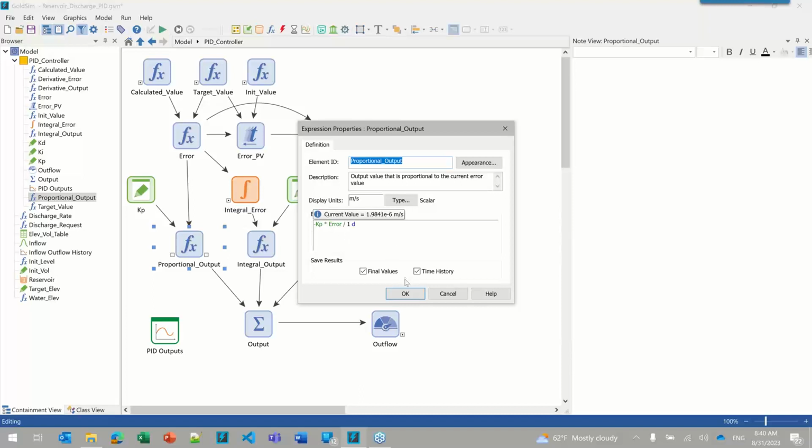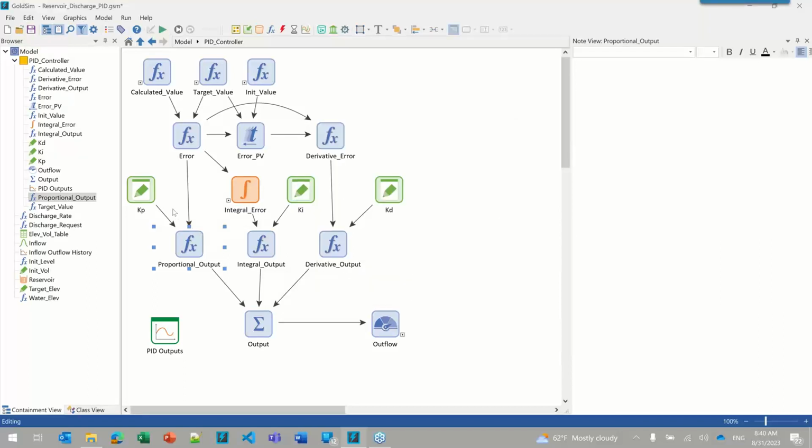And all of these terms, by the way, are multiplied by a rate constant. These rate constants are just a way to, I guess, prioritize each of these various outputs, because we sum them, and that is how we drive the discharge rate.